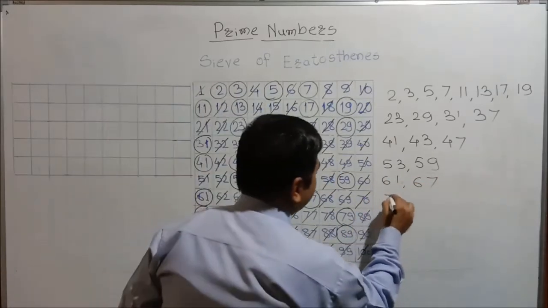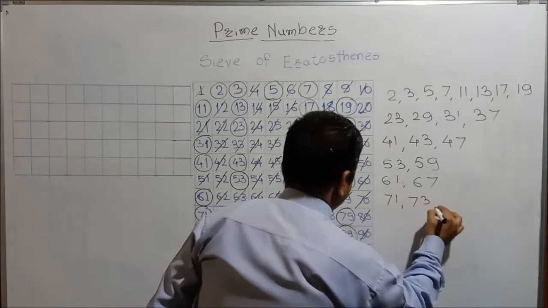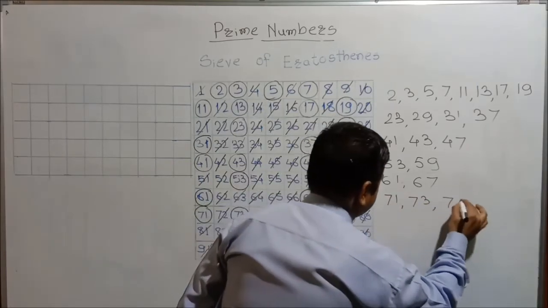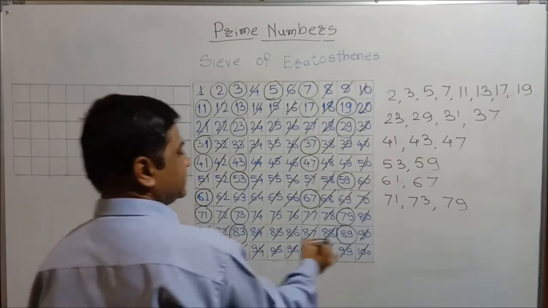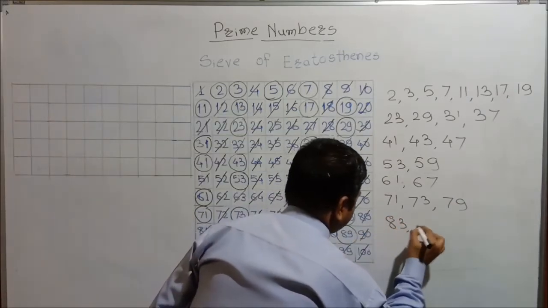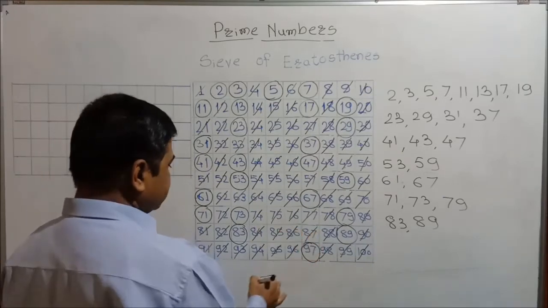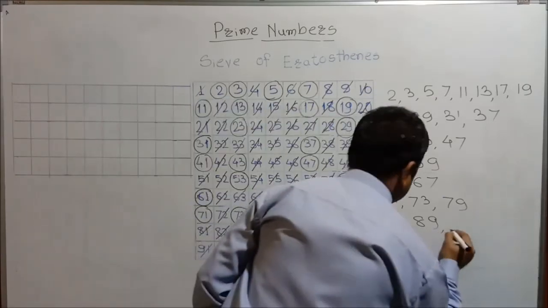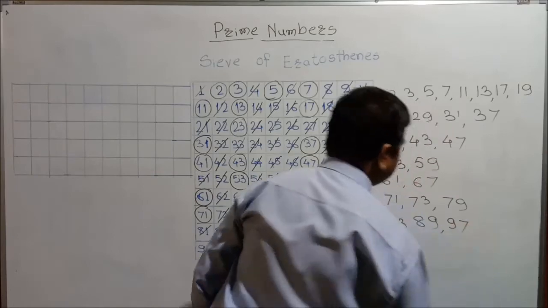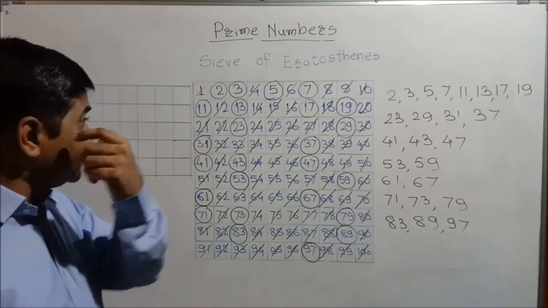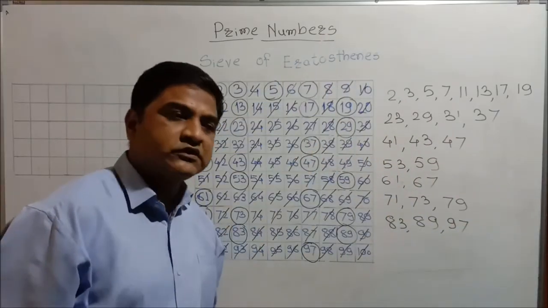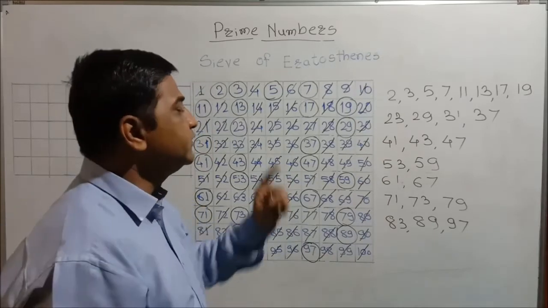Then 71, 73, and 79, and then 83 and 89. The only prime number from 91 to 100 is 97, and it is the largest two-digit prime number. So all these 25 numbers are the prime numbers from 1 to 100.